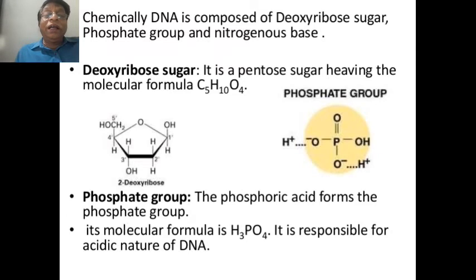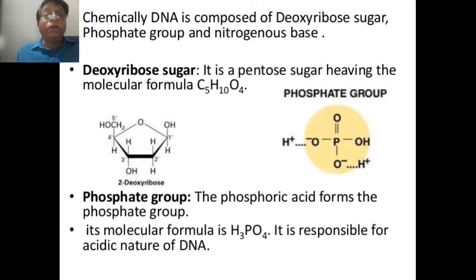Hence, it is called deoxyribose sugar. If we examine the ribose sugar, OH is present at the second carbon position. Hence, the sugar of RNA is called ribose sugar.